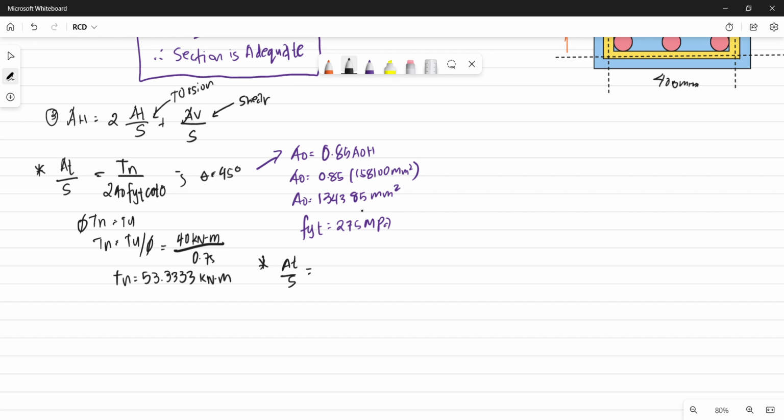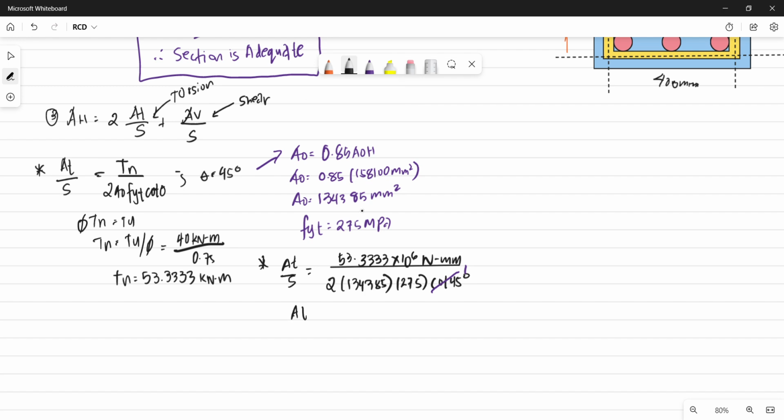So, let's solve your AO over S. This is equal to your Tn na 53.33, in terms of Newton mm, times 10 raised to 6 Newton mm, divided by your 2 times AO na 134385, FYT na 275, cotangent 45, this is equal to 1 lang naman.